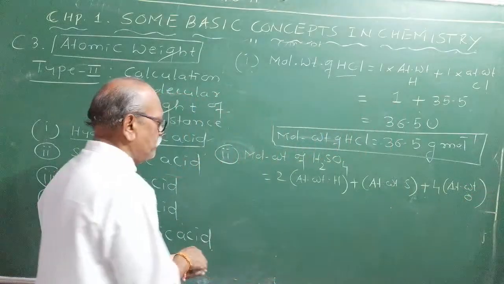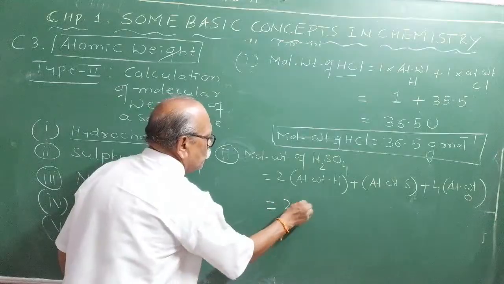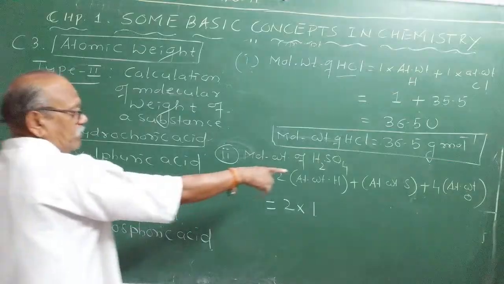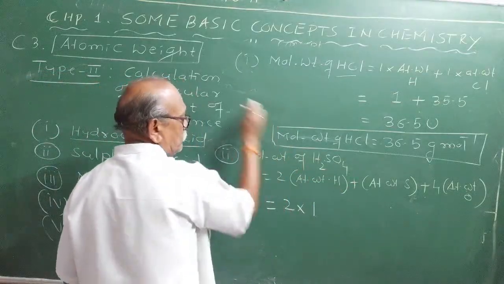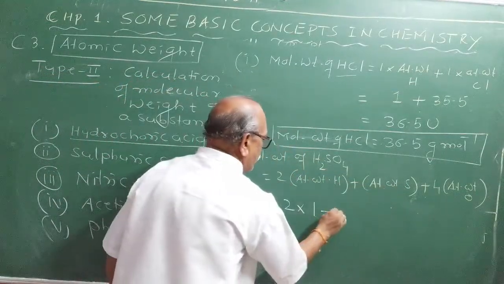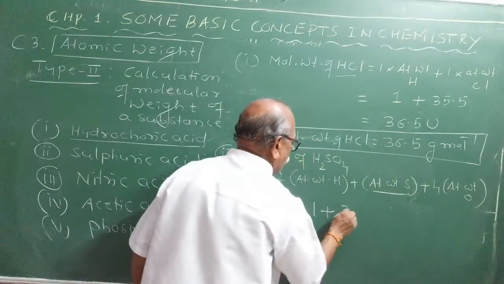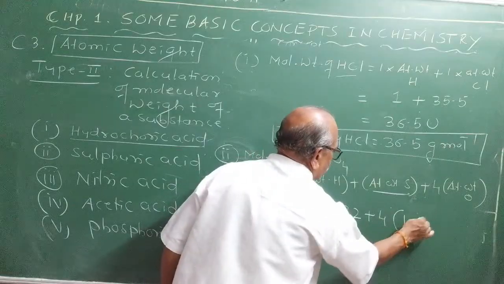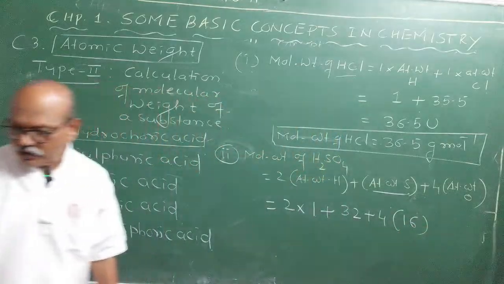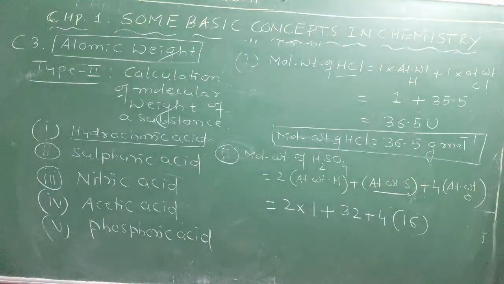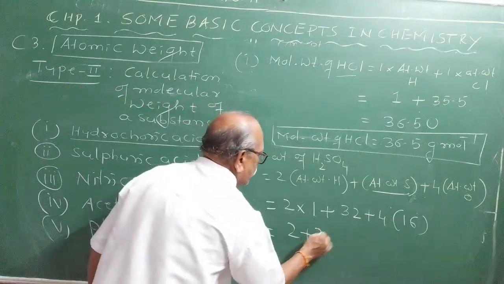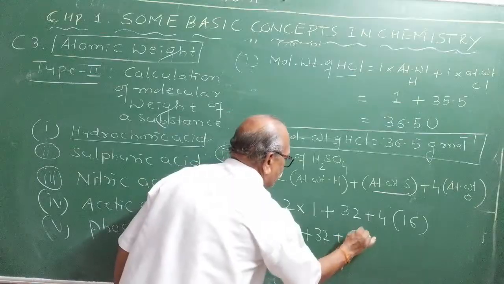Check the periodic table and collect the values. What is the atomic weight of hydrogen? 1. Atomic weight of sulfur is 32 for practical purposes. Plus 4 times the atomic weight of oxygen, which is 16. For calculation purposes you can take that. Now you get 2 plus 32, and 16 fours are 64.